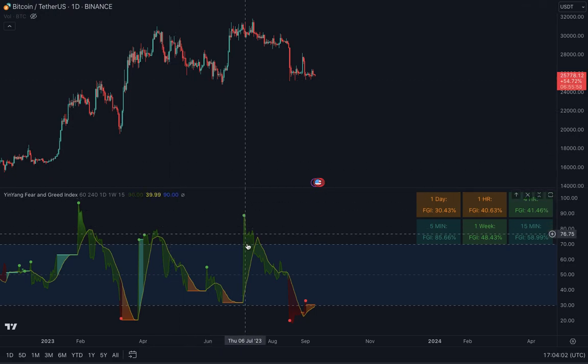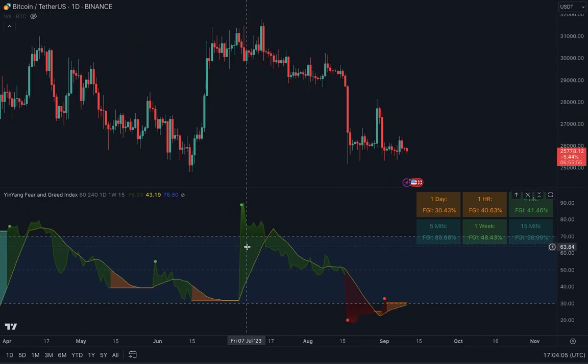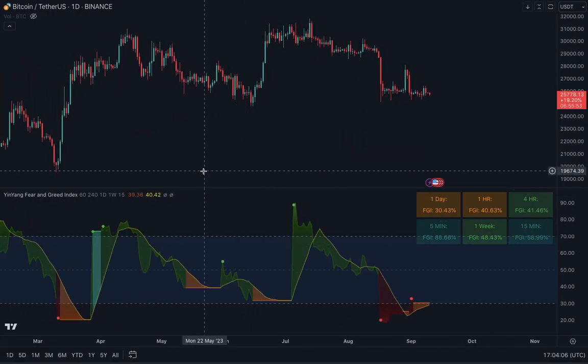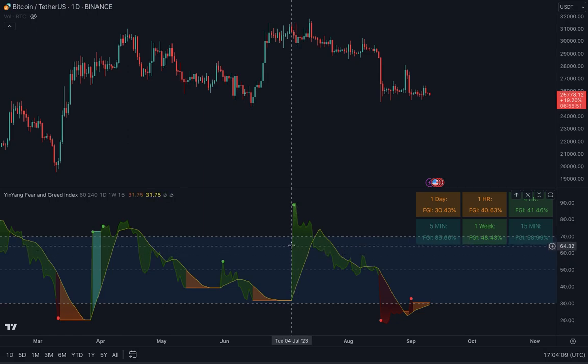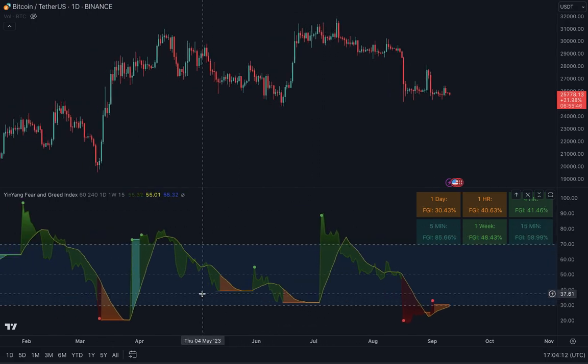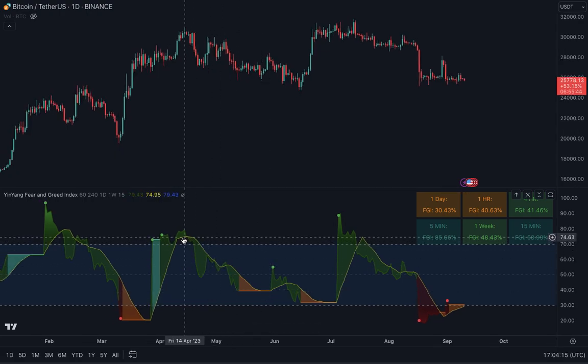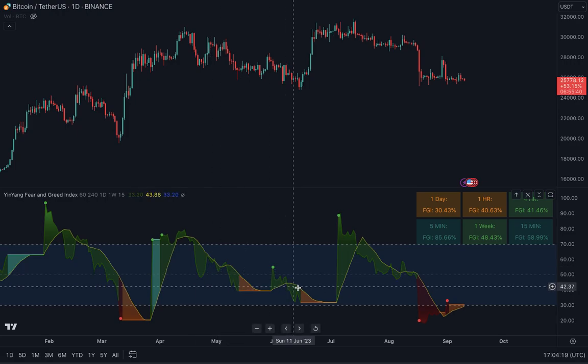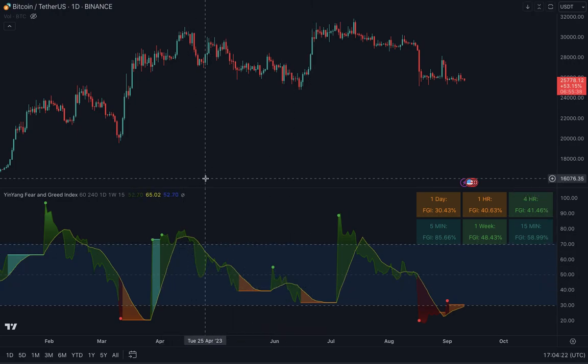The actual level of the Fear Greed Index, or FGI, is this line here, the one that gets colored in, and the yellow line it's making these different formations with is its moving average.